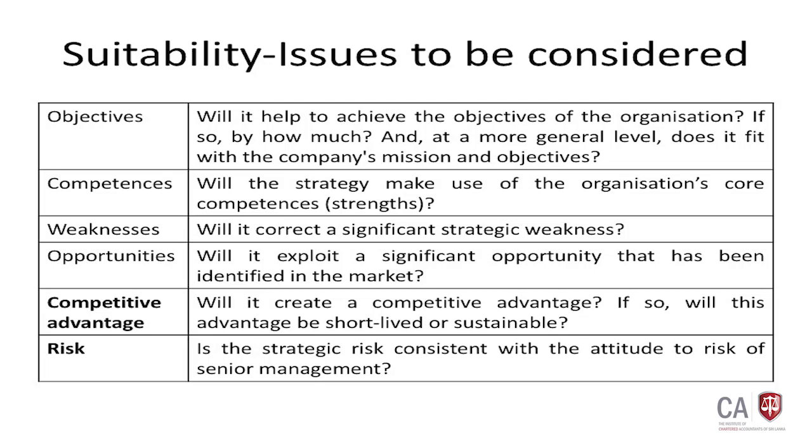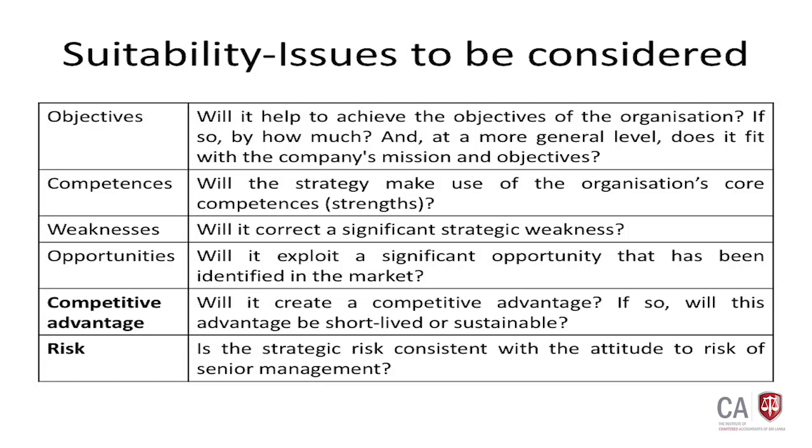Within the definition itself, we emphasize the importance of the objective. So, strategy is mainly focused on fulfilling the objectives. Therefore, under suitability we look at whether the proposed strategy is capable of achieving the objective of the organization.